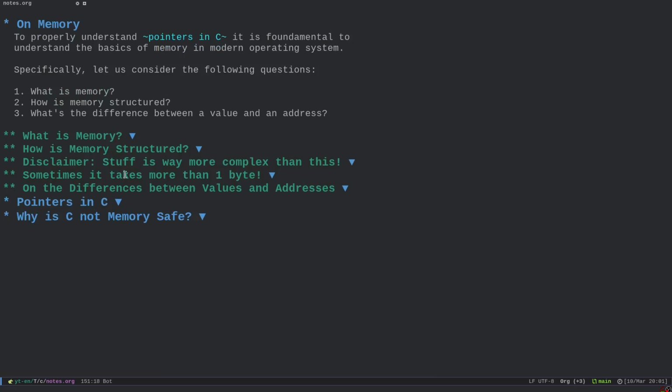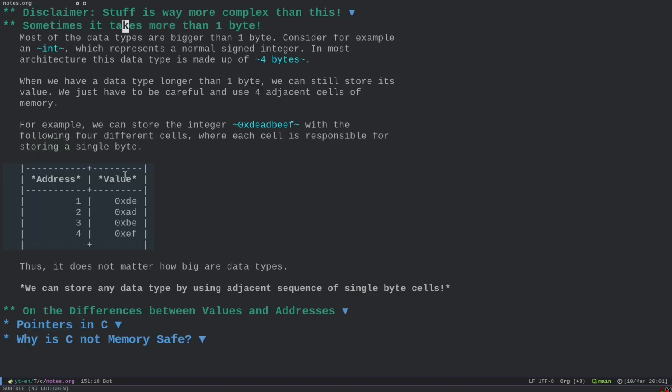So let's talk about it. We said that memory allows us to store single bytes of information. However, sometimes it takes more than 1 byte. Most of the data types are actually bigger than 1 byte. If you have a char, a character type, this is typically 1 byte in most architectures. So a char can simply go into a single slot in memory, and that's it for the char.